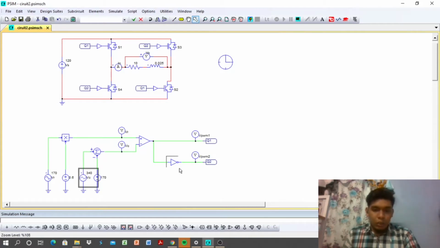We connect Q2 with a NOT gate because the type on the question is bipolar, so we must put a NOT gate at Q2.